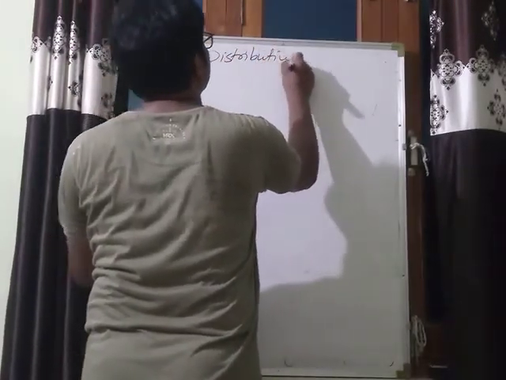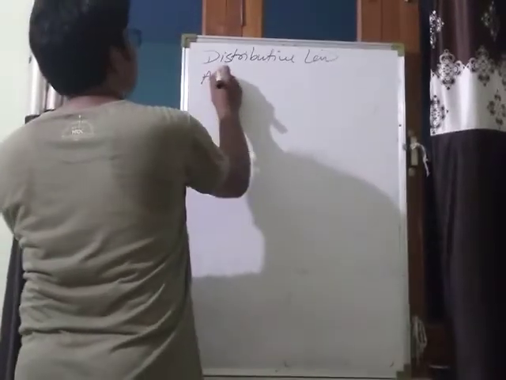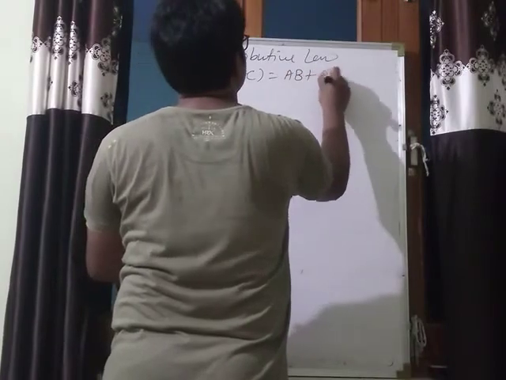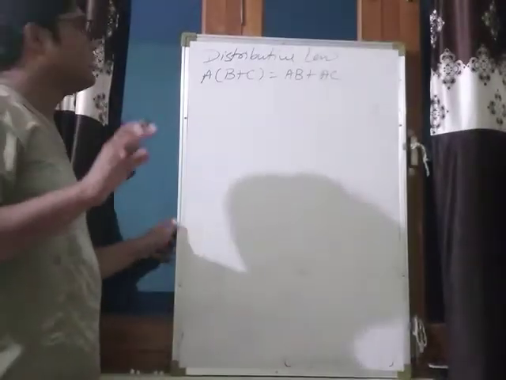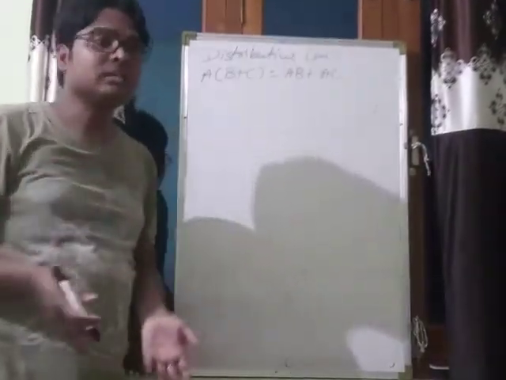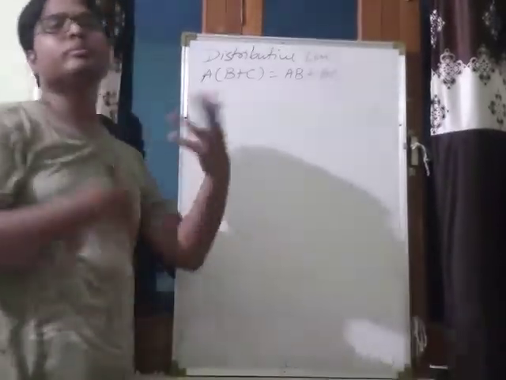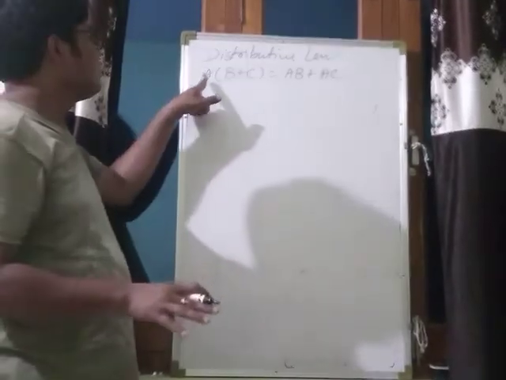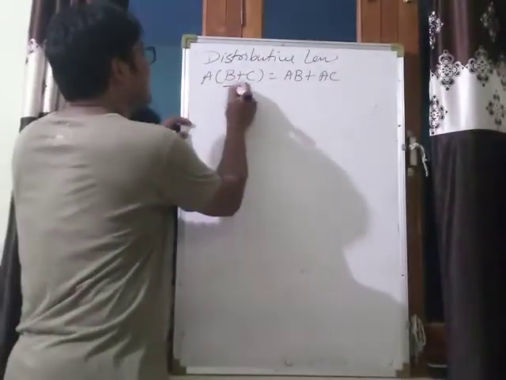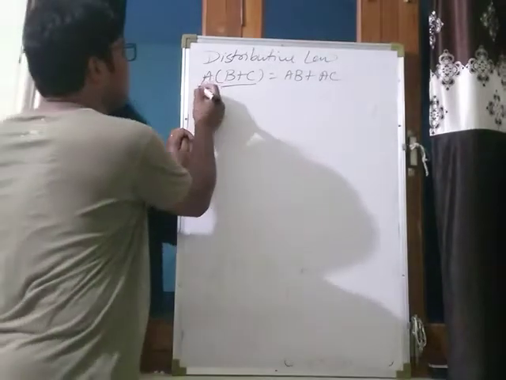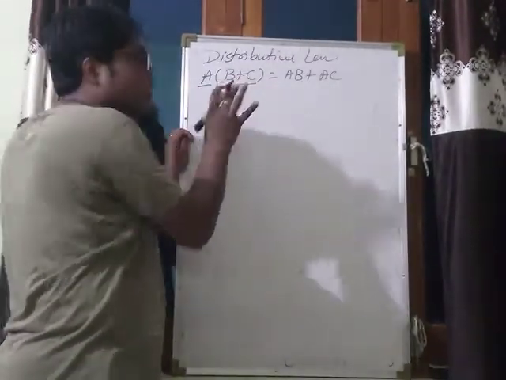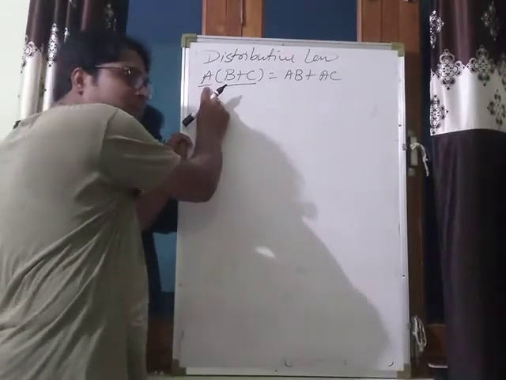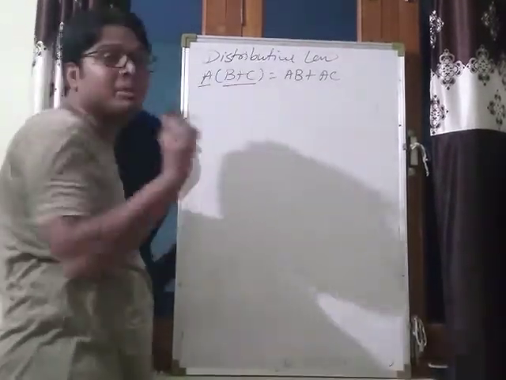Distributive law: A into B plus C is equal to AB plus AC. If B plus C exists and A into B plus C exists, it is only possible when A is the pre-multiplier and B plus C is the post-multiplier, so the number of columns in A is the same as the number of rows in B plus C.